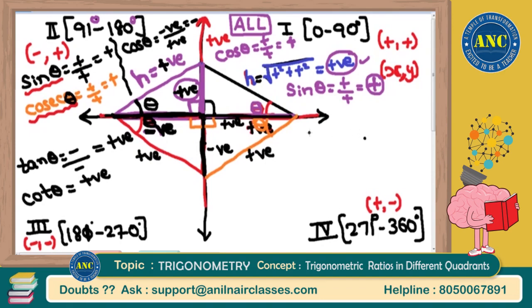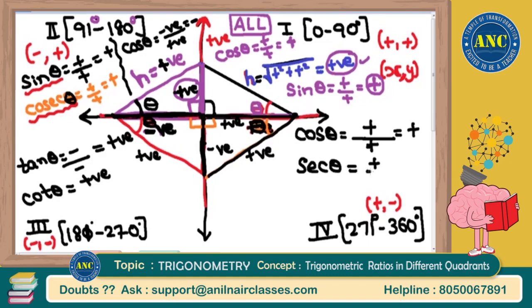Same logic, sir. If I apply cos theta, the definition is adjacent by hypotenuse. Adjacent to this angle theta is the x-axis, which is positive. Hypotenuse will always be positive. Positive by positive is positive. Cos theta is positive. The reciprocal of cos is secant. Secant theta also will give you plus by plus, which is positive.